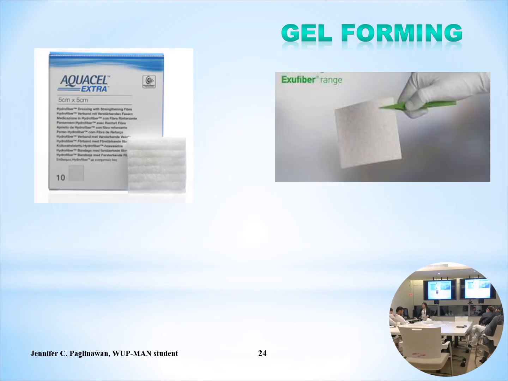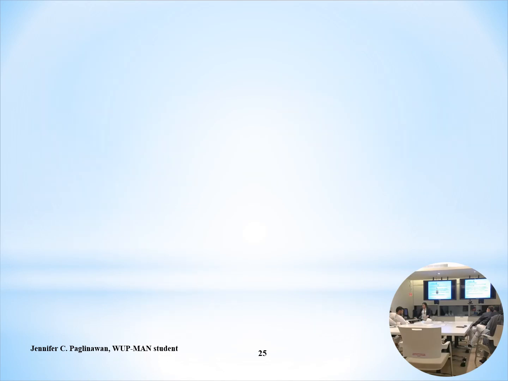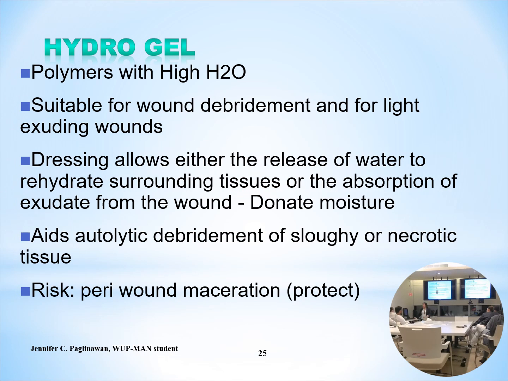We have the Aquacel. So we have hydrogel polymers with high water content, suitable for wound debridement and for light exudate. These dressing products either release water to rehydrate tissues or absorb exudate from the wound, releasing moisture, and aid in autolytic debridement of sloughy or necrotic tissue.